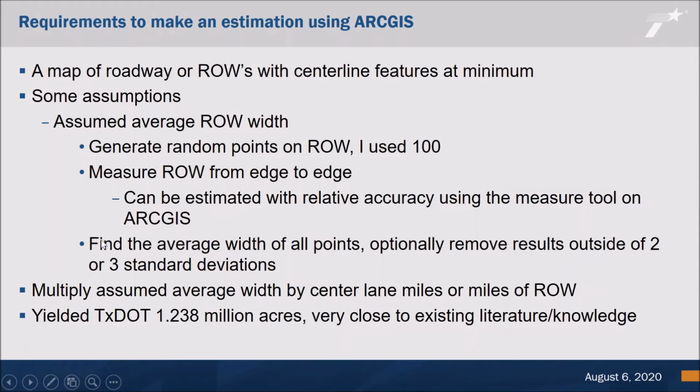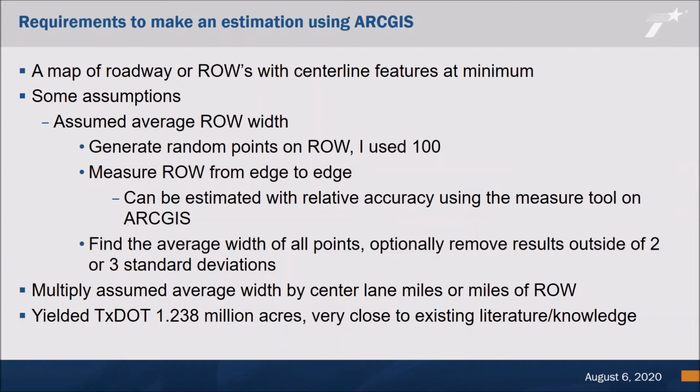To do this, what we needed was a map of a roadway system, or for anyone in the transmission or the utility industry, you would need a map of your right-of-ways with some sort of centerline features. In our case, that feature would be the center lane miles, which is actually what the map of roadways is.